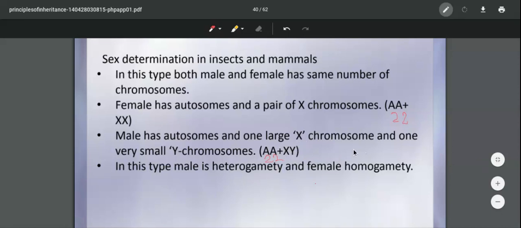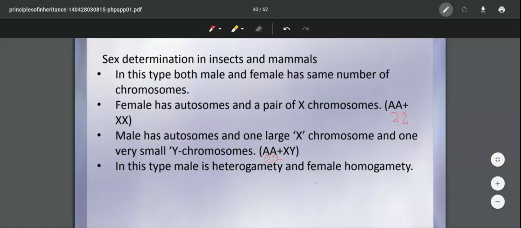So every child that is conceived has a 50% probability of being either a male or a female, depending on which sperm fuses with the X egg. If it is a Y sperm fusing with the X egg, then the child born will be a male, and if it is the X egg and X sperm fusing, then the child born is a female.